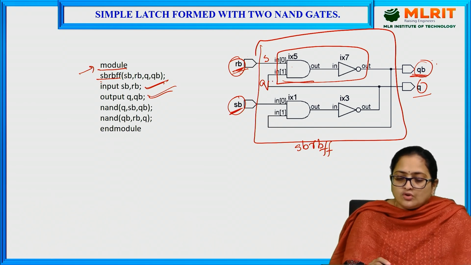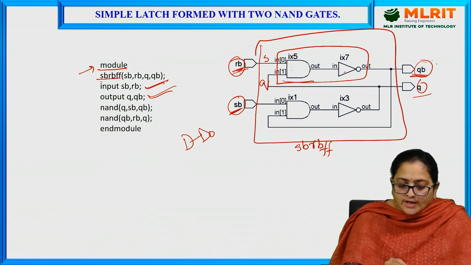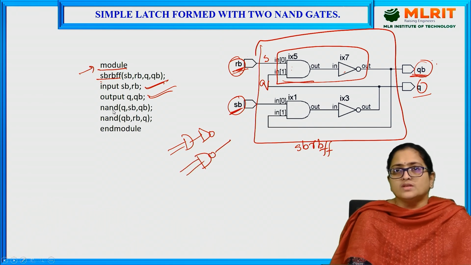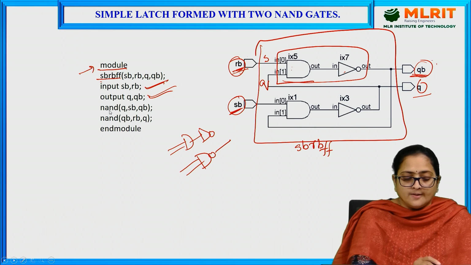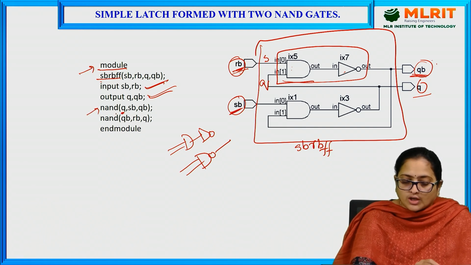Now, instead of taking this AND gate and NOT gate separately, the combination of the AND gate and NOT gate will be represented as a NAND gate, using the primitive called NAND. For the primitives, the first variable should be your output variable.